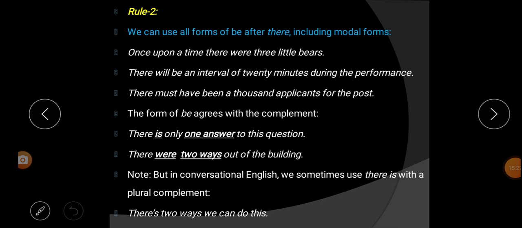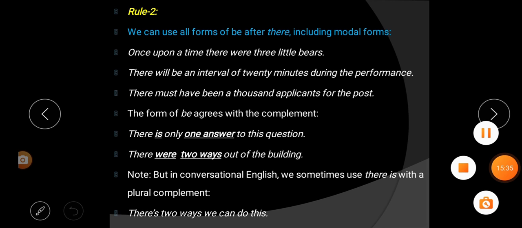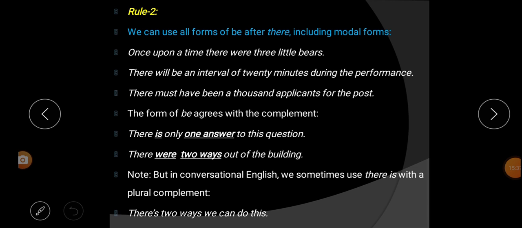So far we have been discussing rule number 1. Now let us go to rule number 2. What does rule number 2 say? We can use all forms of be after there, including modal forms. We can use all forms of be after introductory there. What is the meaning of be?